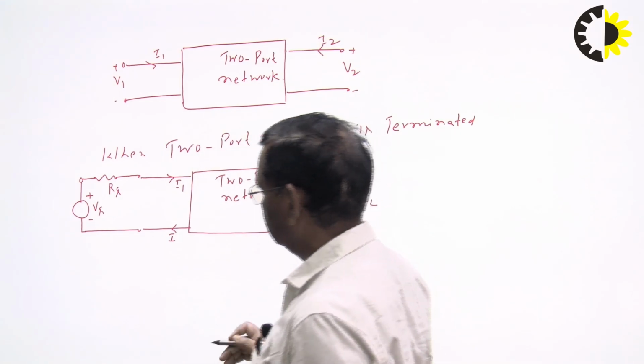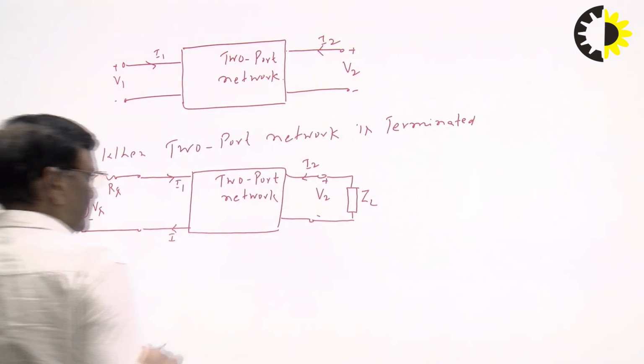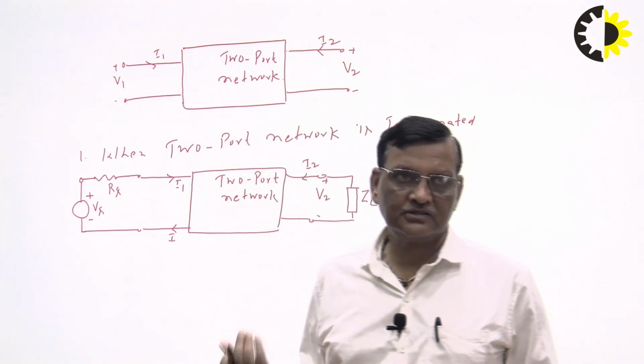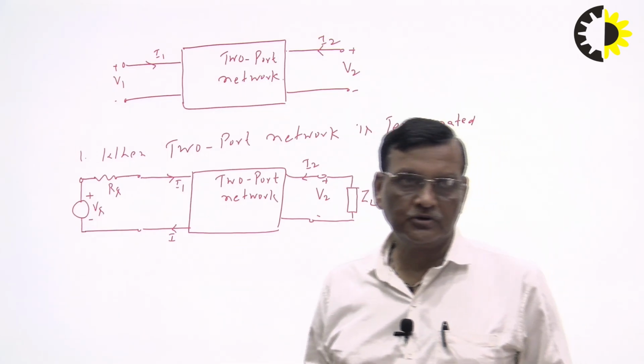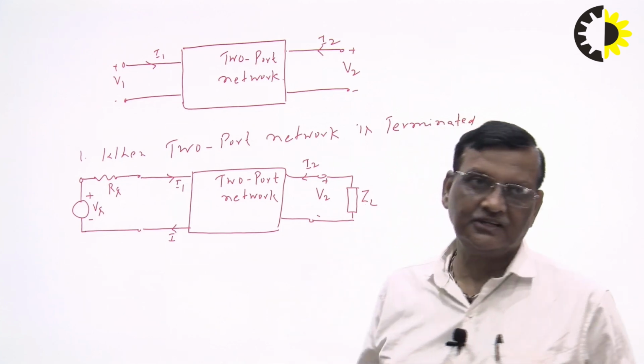So this is the case when the two-port networks are terminated. Means the input port has some voltage supply Vs with series resistance Rs, and the output port is also terminated by load ZL.